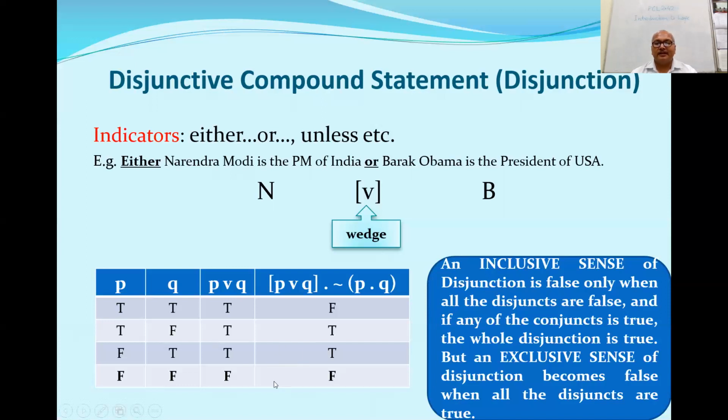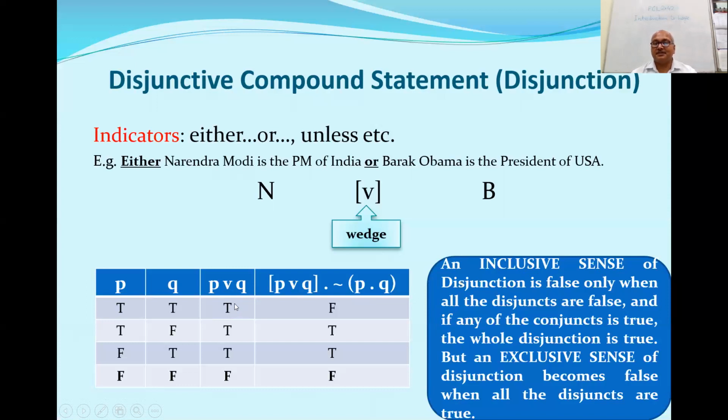Both are disjunctive statements. One is called inclusive sense of disjunction. That means when a student is poor and also gets a good grade, the student will be given scholarship. The student cannot be denied scholarship. That means if P and Q both are true, even then P wedge Q is true.